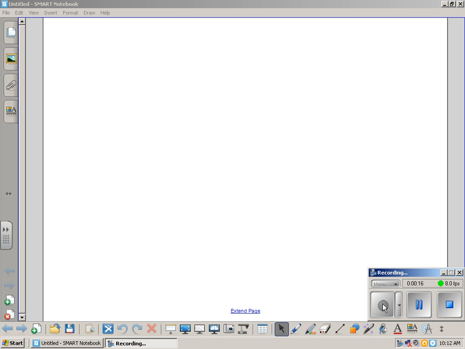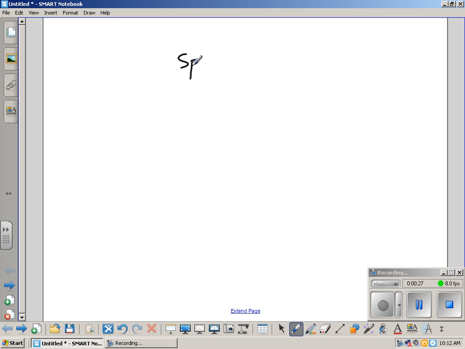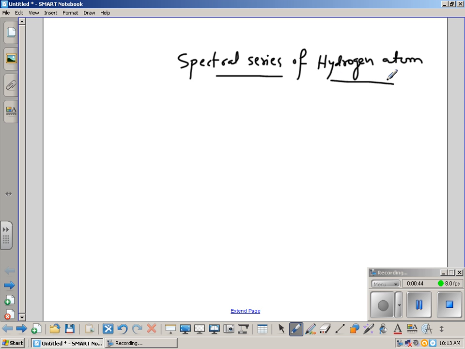So now we know the equation for the wavelength of the spectral series obtained in the hydrogen atom by Bohr's theory.